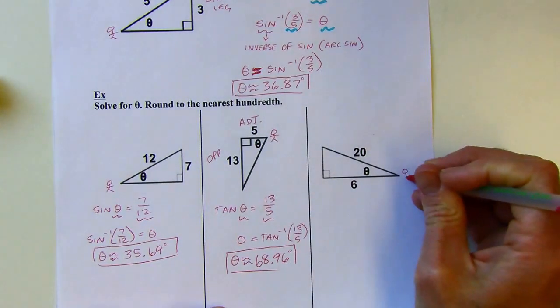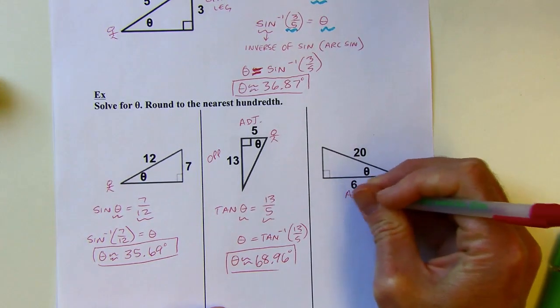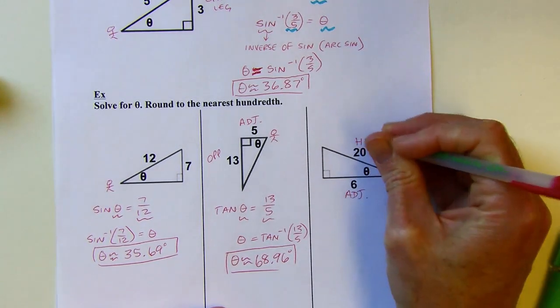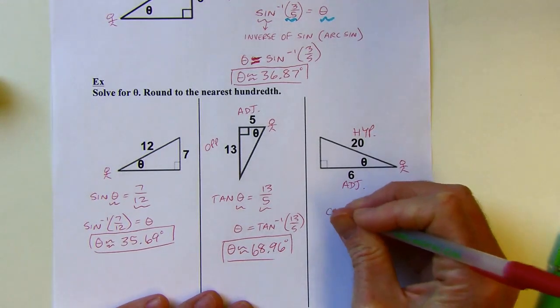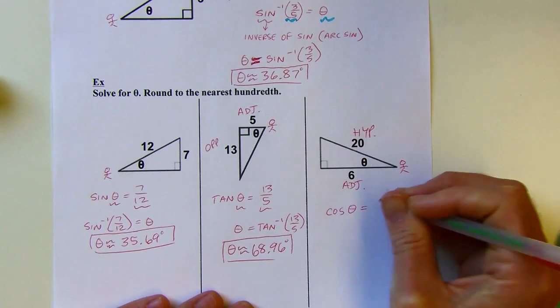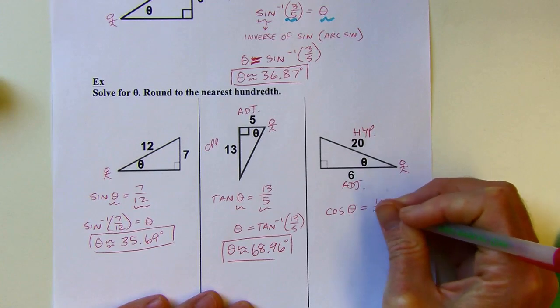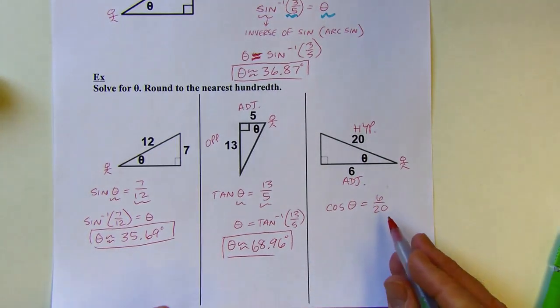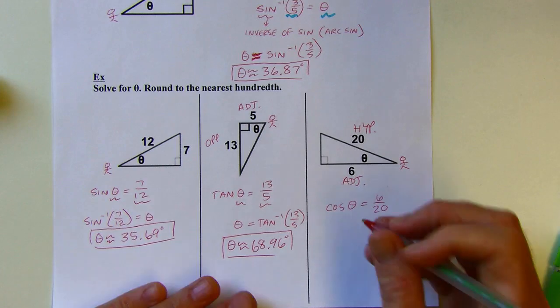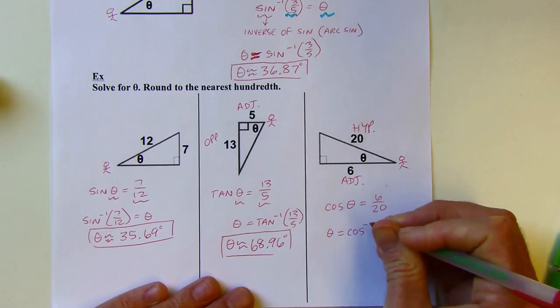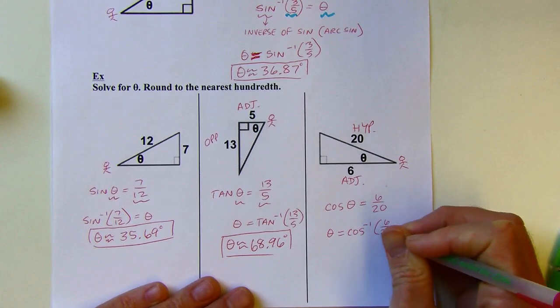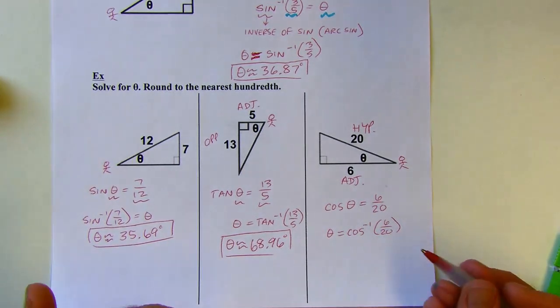Okay, down here, adjacent leg and hypotenuse. You guessed it, it's going to be cosine, so I gave you one of each here. So cosine of theta would equal 6/20. Now you can reduce that if you want, but it doesn't really matter because we're just going to type it into a calculator anyways. So I'm going to use the inverse cosine of that fraction. So 3/10 is the same as 6/20, right?